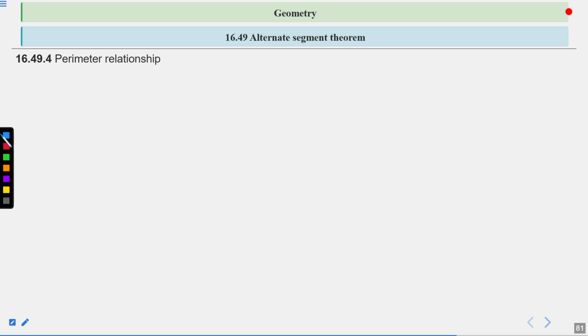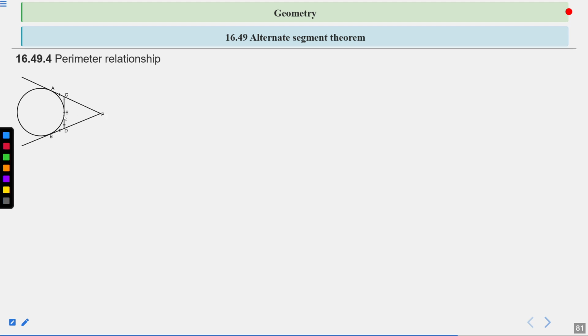In the alternate segment theorem, perimeter relationship. So this is the diagram. At the external point P, two tangents PA and PB are drawn, and PC and PD are extended.